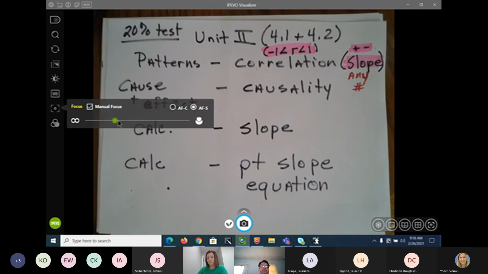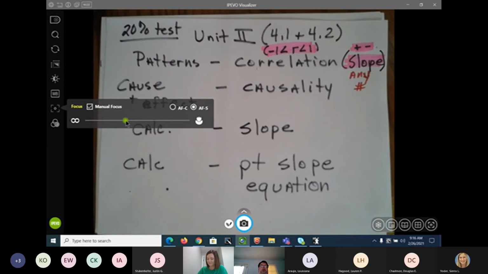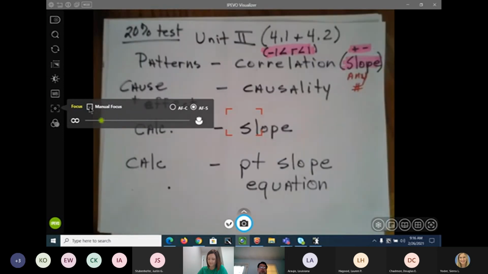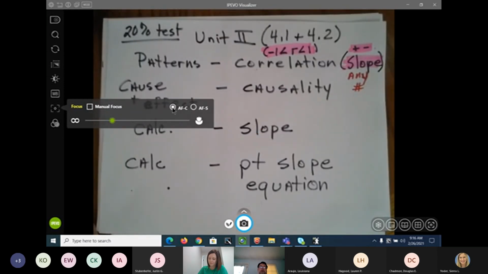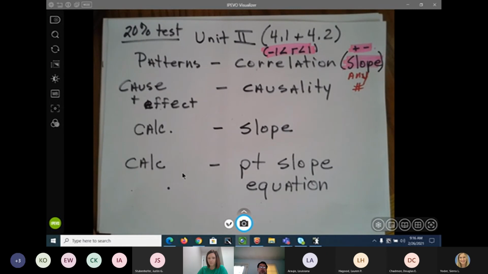The Russians' fault. I believe that is probably the best focus right in there. I got to learn what autofocus C and autofocus S is. I don't know what autofocus C and autofocus S are. I don't know. Well, anyway, write this down.